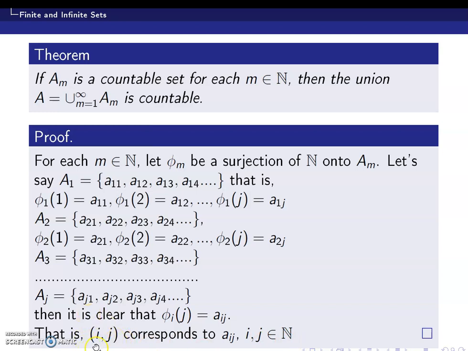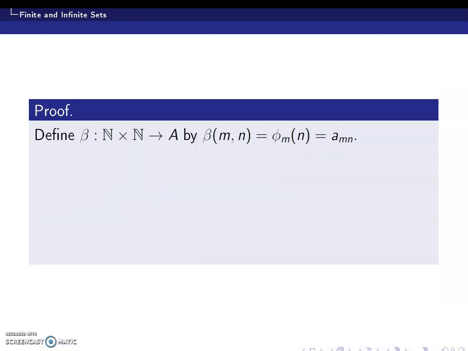If i, j are natural numbers, the ordered pair (i, j) is an element of N cross N. So corresponding to an element a_ij in A, you can find an ordered pair (i, j) which is an element of N cross N. So there must exist a relation connecting the elements of N cross N onto the elements of A, which is the idea we will be using to prove this theorem.